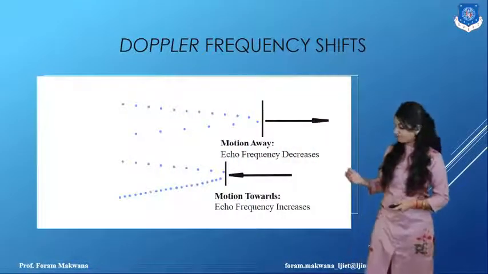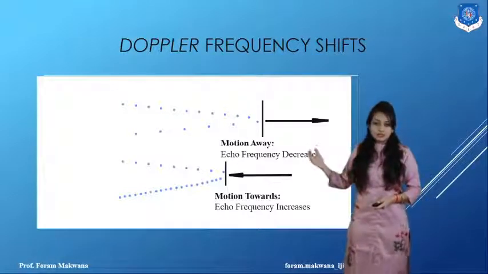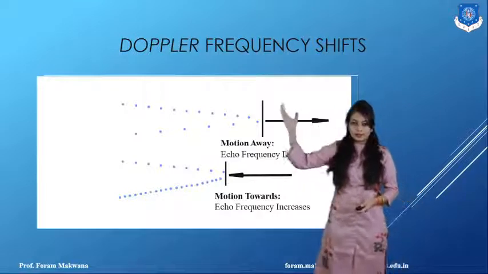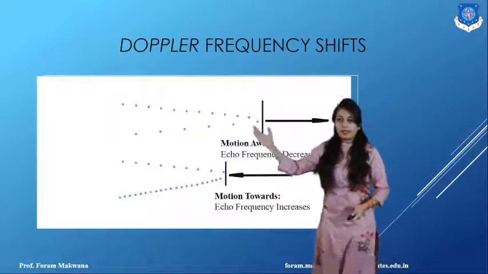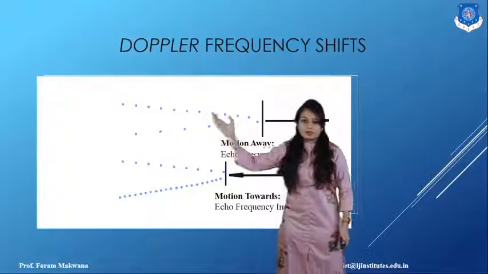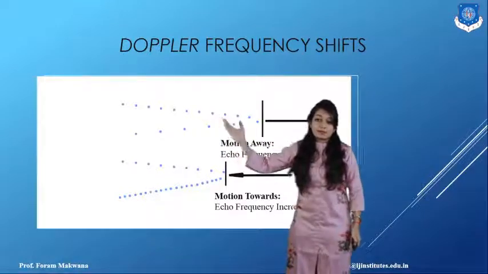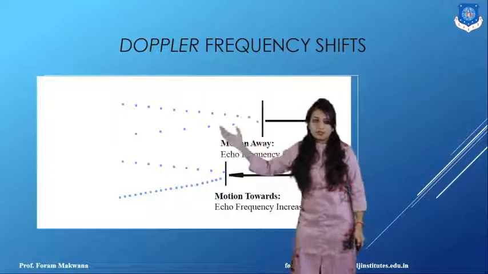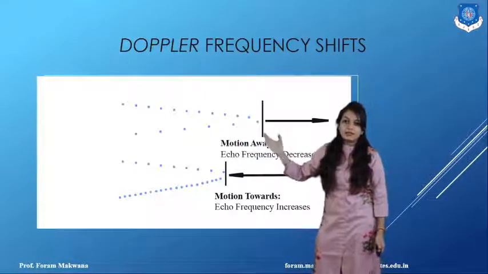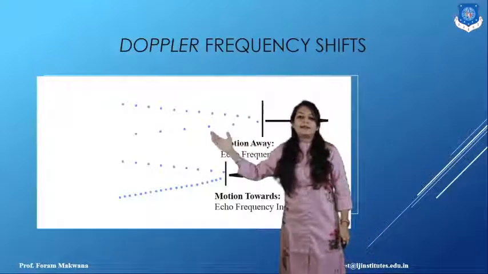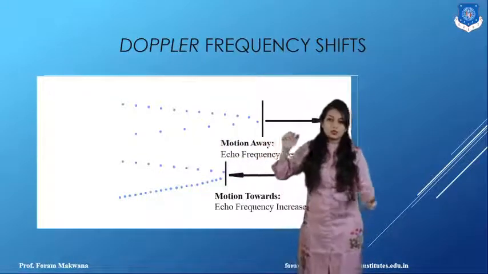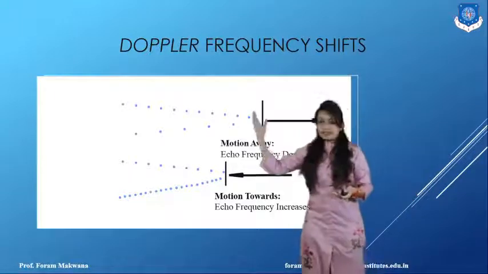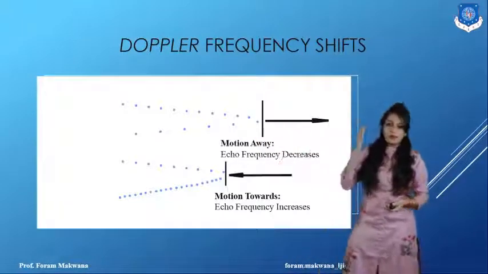Consider this is a target, and over there my radar is. The radar transmits a signal to the target, and the signal is reflected back. That is my echo signal to the radar. But assume my target is moving away from the radar.